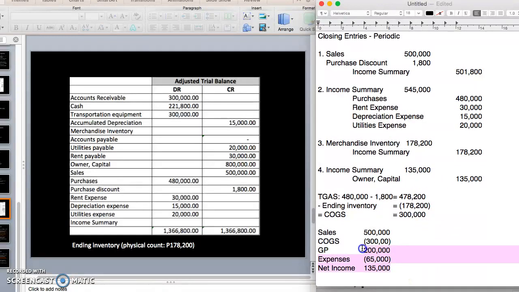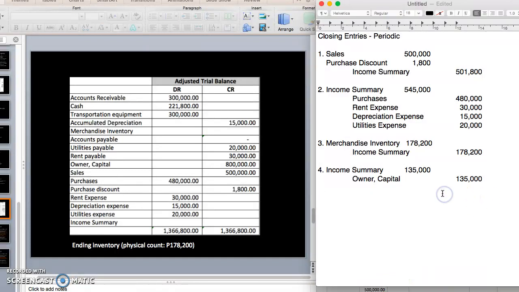Okay, and then I'll take this out. Another way to actually compute for this, an easier way, would be to look at the income summary balance before this step. So if you notice, you can actually draw a T account. But in this case, I'll just illustrate it this way, like debit and credit.